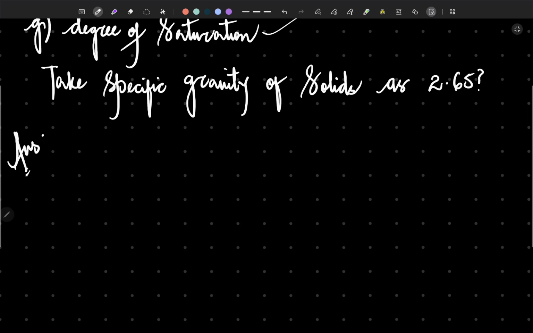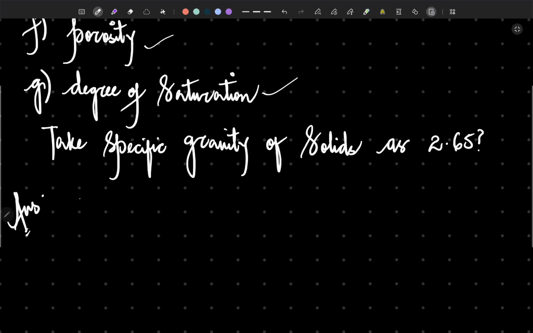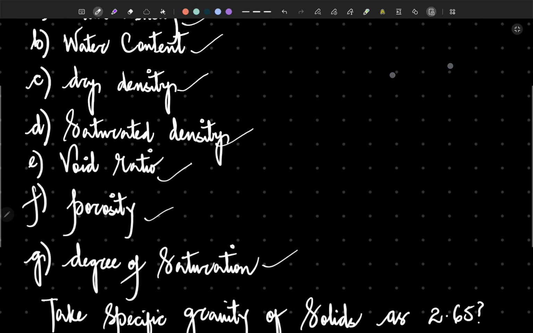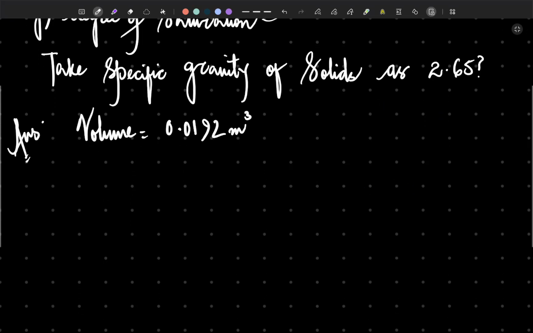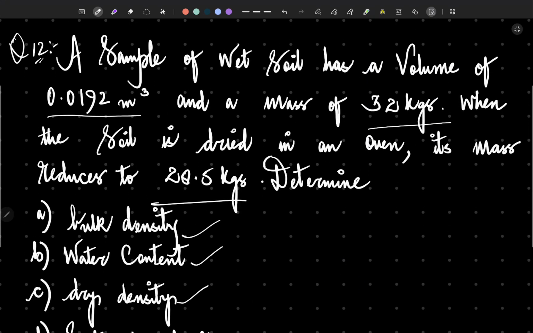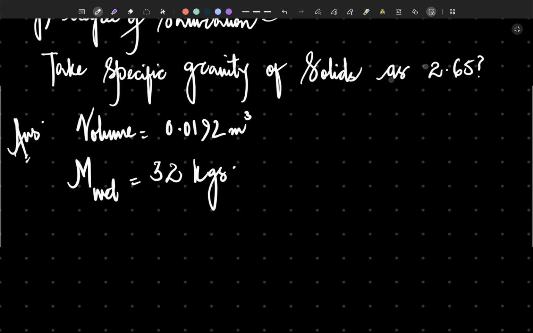So the question says a sample of wet soil has a volume of 0.0192 cubic meters and a mass of 32 kgs. Mass wet, 32 kgs. Then the question says, when this soil was dried in an oven, its mass reduced to 28.5 kilograms.